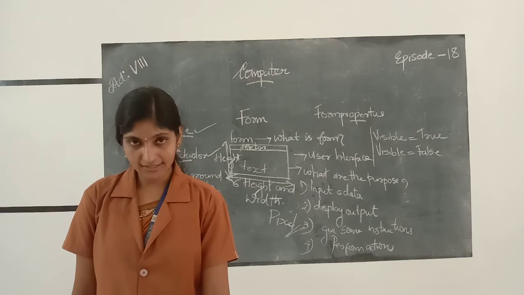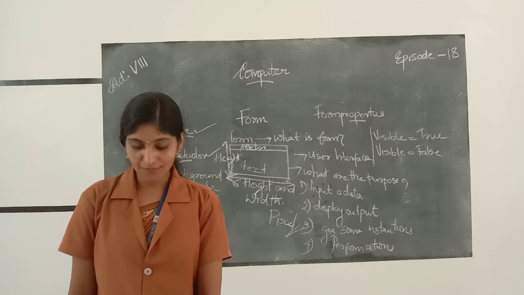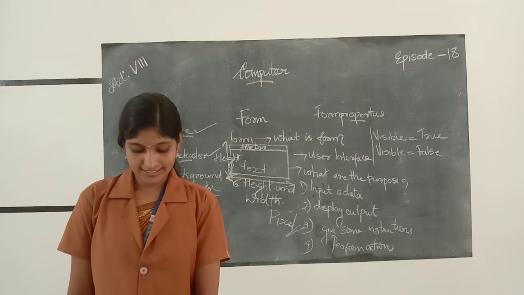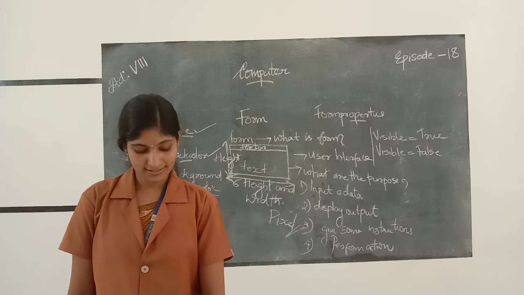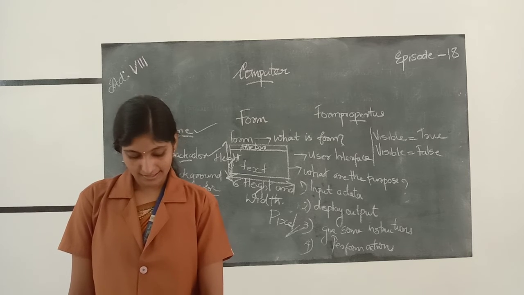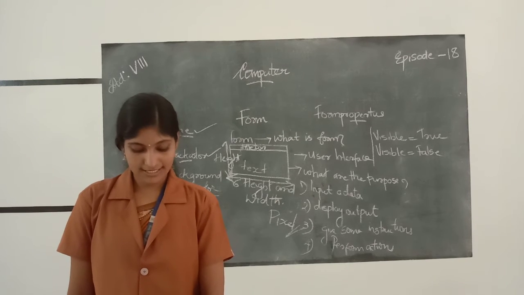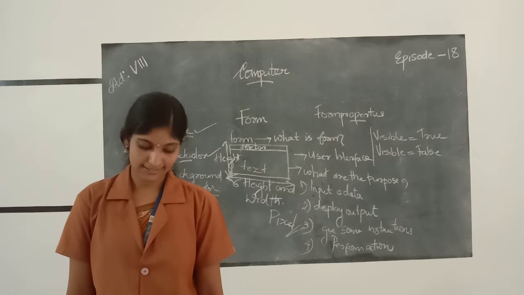So here click on the size property and enter the value for height. It sets the height of the form in pixels. Next, same as height, click on the size property and enter the value for width. It sets the width of the form in pixels.